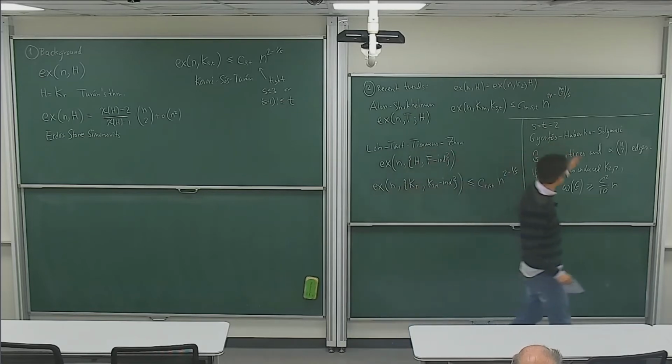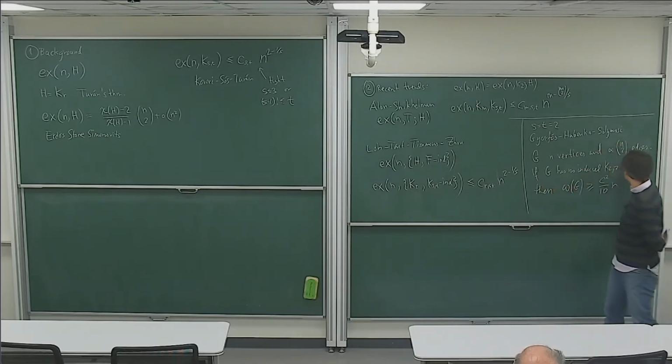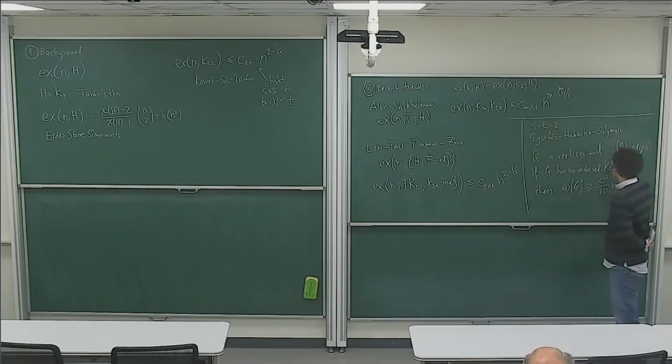So the way that they looked at this question was, forget about forbidding that complete thing. Just look at how we know that if you put in a dense graph, so really a quadratic number of edges, then, sorry, that shouldn't be alpha, it should be c.